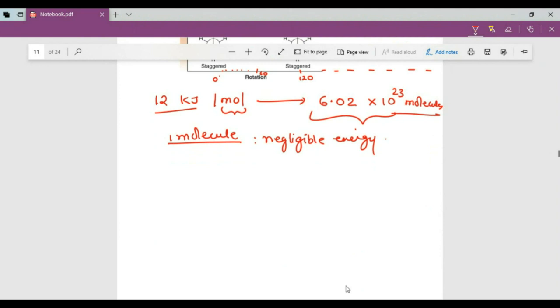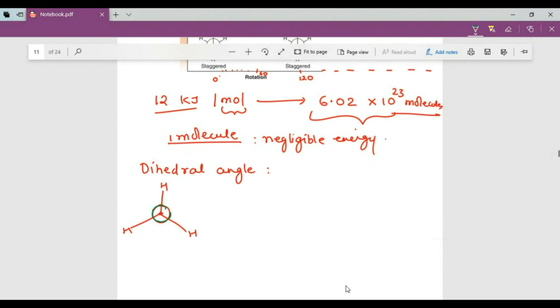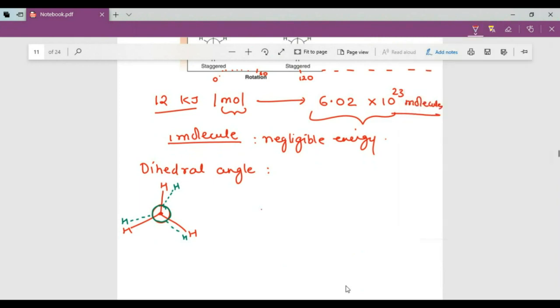In case of conformations, I used the word dihedral angle a few minutes ago. So let me exemplify what a dihedral angle is. In case of ethane, we had the front carbon, say in red, and the back carbon in green, with substituents H, H, and H. So, what is the dihedral angle?